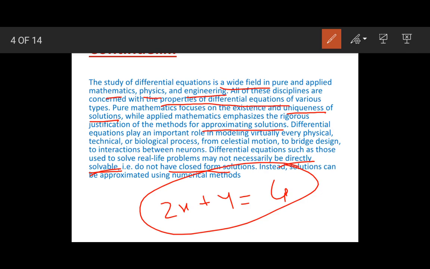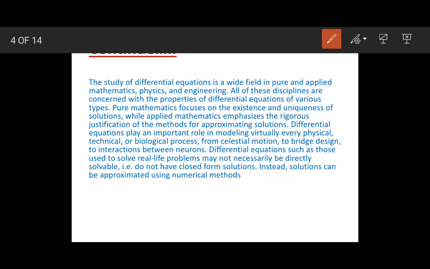In such a case, we use numerical methods for approximating the answer, whenever a closed form of solution is not possible.